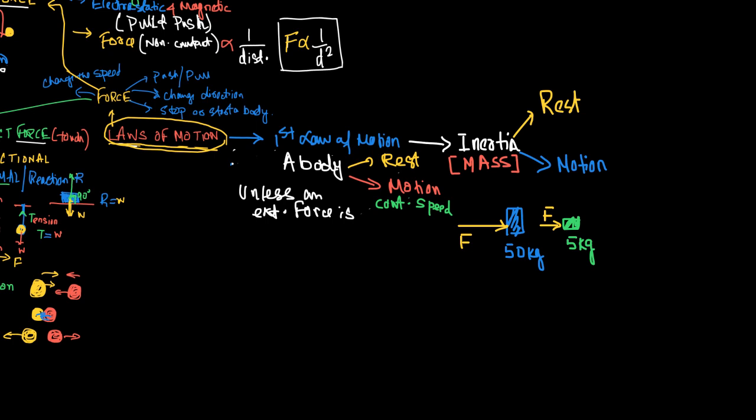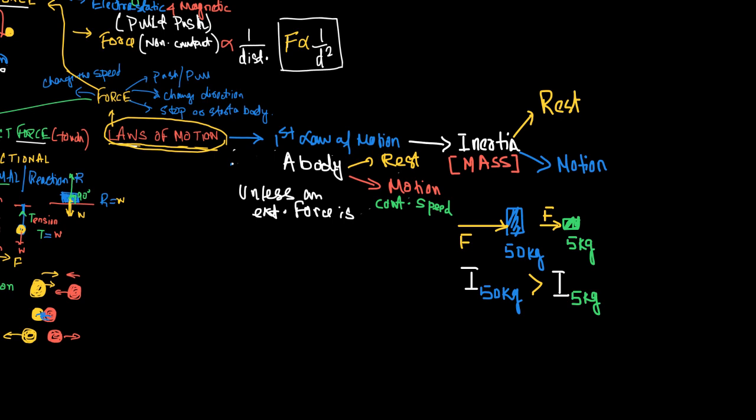The inertia of a 50 kg body is much more than the inertia of a 5 kg body. This is when I'm talking of both the bodies at rest and I have to start moving them.